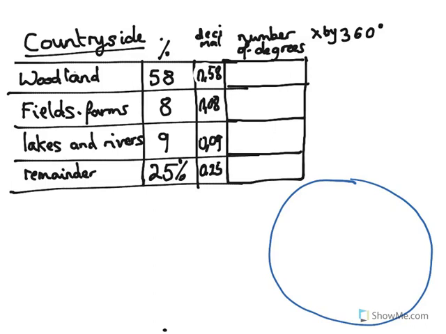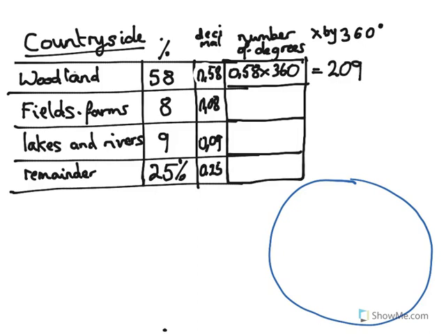What we do then is we take this decimal number 0.58 and multiply it by 360 degrees. 360 is the whole part of it. What would we get then as our answer? 0.58 multiplied by 360 degrees would give us 209 degrees.